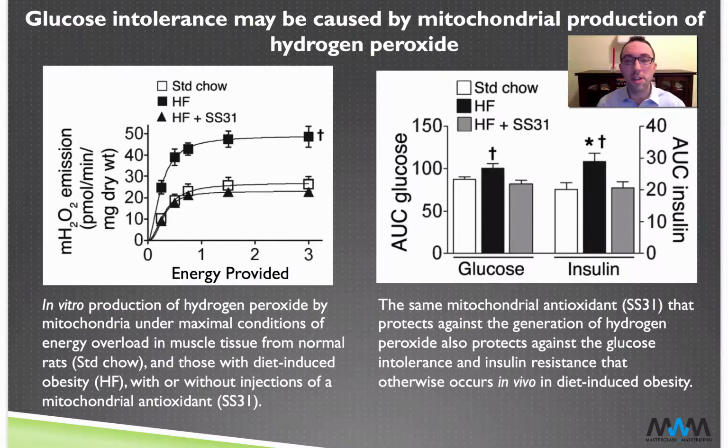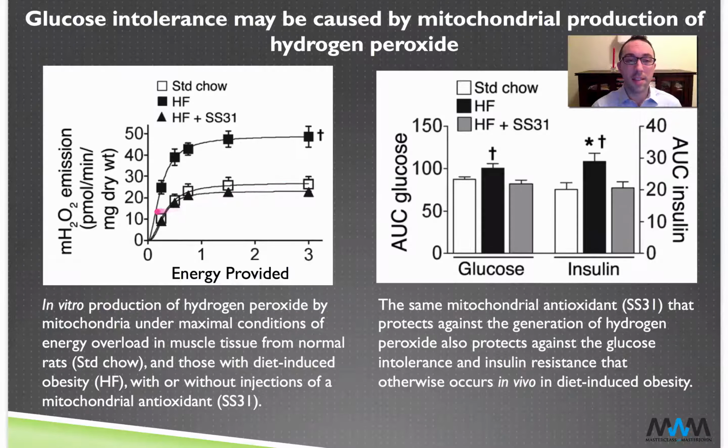They were exposed to greater and greater amounts of energy, and that's plotted energy provided along the horizontal axis. Then the investigators measured how much hydrogen peroxide they produce, and that's plotted along the vertical axis. And as you can see, for any of the animals, the more energy was provided, the more hydrogen peroxide was produced until it reached a plateau.